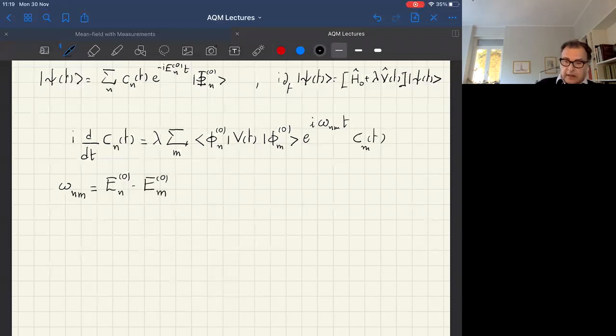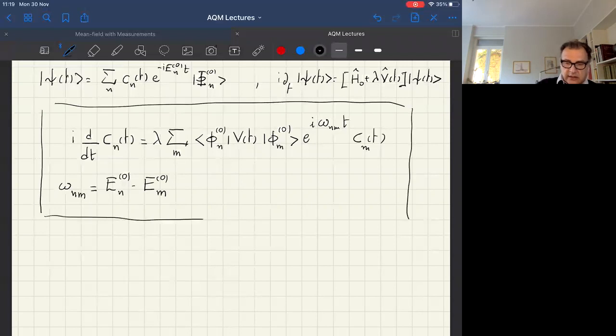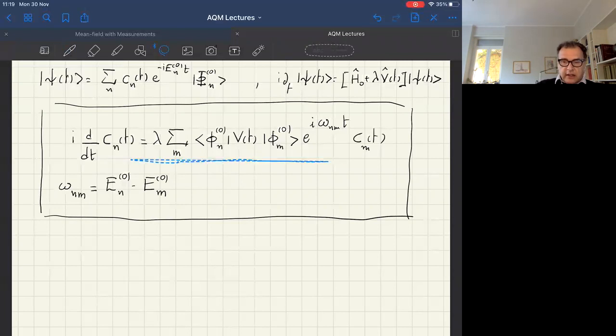Okay, now you see that solving this set of equations is very difficult in general, if not impossible, because it's a set of infinite differential equations.